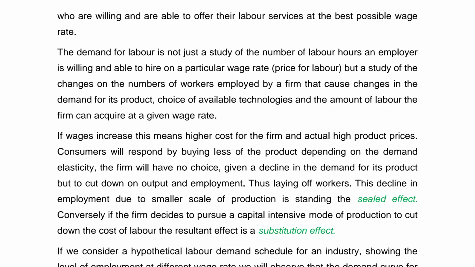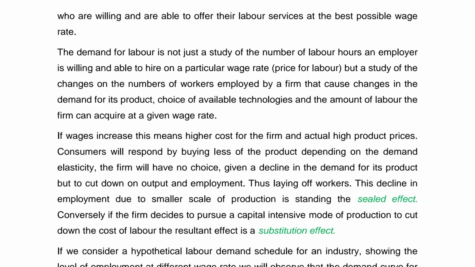It causes changes in the choices of available technologies, the different methods and techniques we can use to convert inputs into output, and the amount of labor the firm can acquire at a given rate. So this is what usually happens.